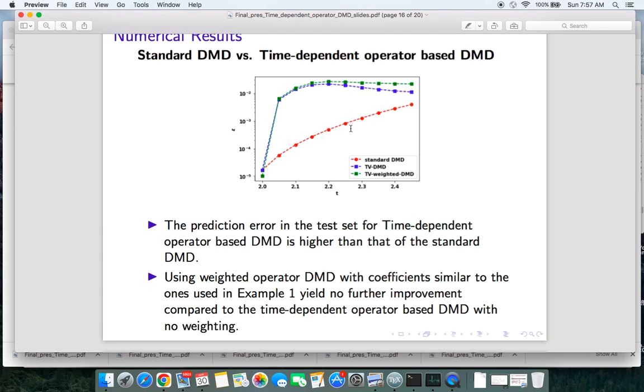So here, the red curve shows the error for the standard DMD, which is actually lower than what we see for the time-dependent operator-based DMD, which is shown in the blue curve.